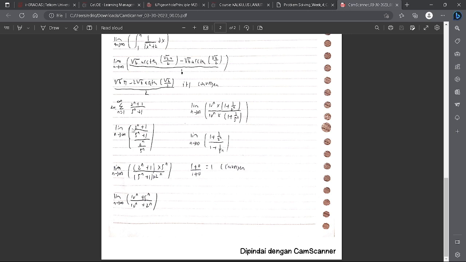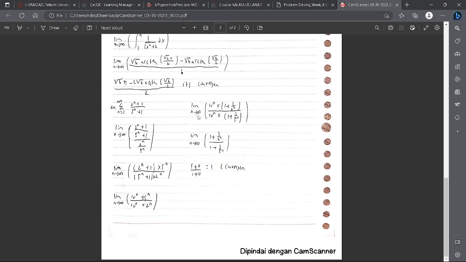The limit as n goes to infinity of (2 to the power n plus 1 over 5 to the power n plus 1) over (2 to the power n over 5 to the power n), which equals the limit as n goes to infinity of 10 to the power n plus 5 to the power n over 10 to the power n plus 2 to the power n.